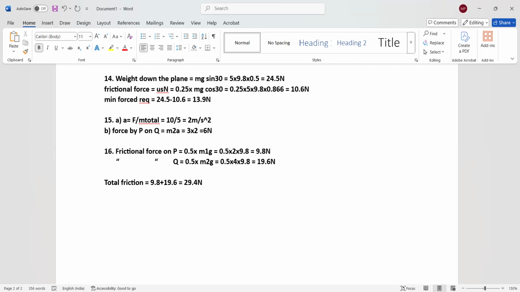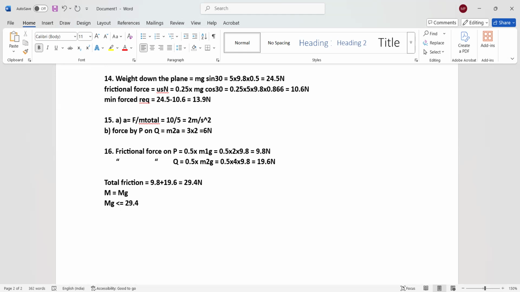So the downward force due to mass M is equal to mg. So for equilibrium, mg should be less than or equal to 29.4.